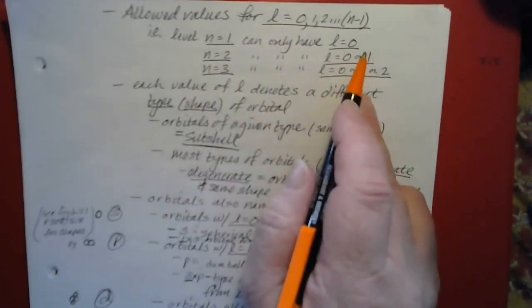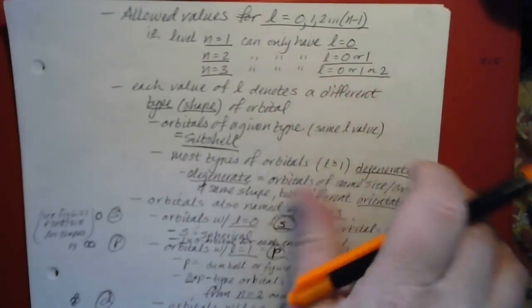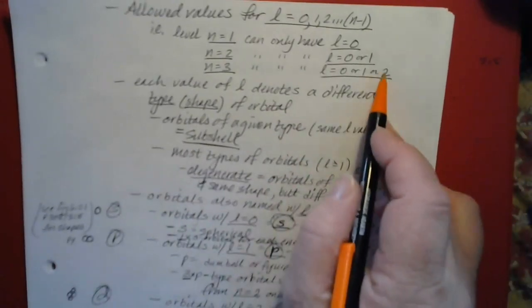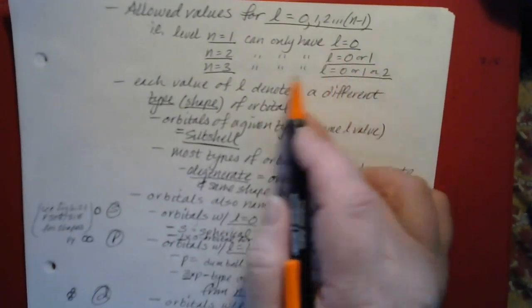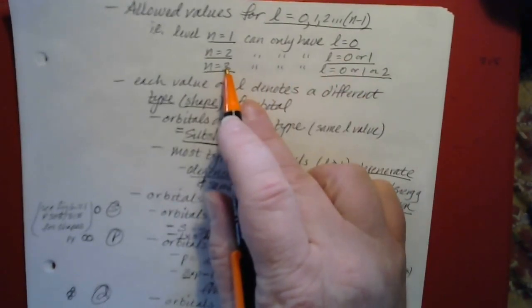But the difference again would be the size or the energy. And L equals 2, that's a possible type or shape of orbital that doesn't exist in n equals 1 or n equals 2. So you can only have that type of orbital starting with n equals 3.